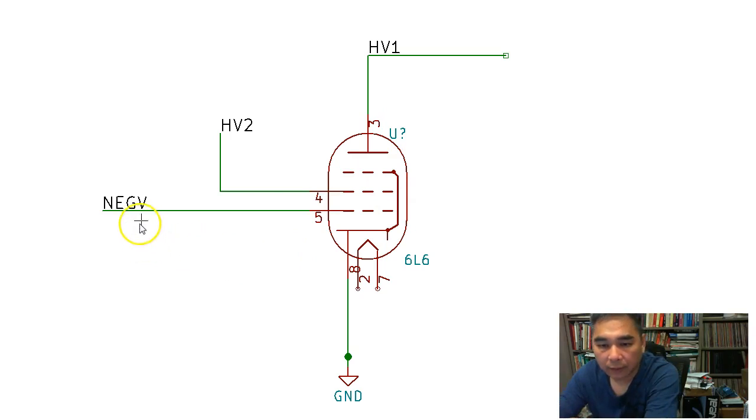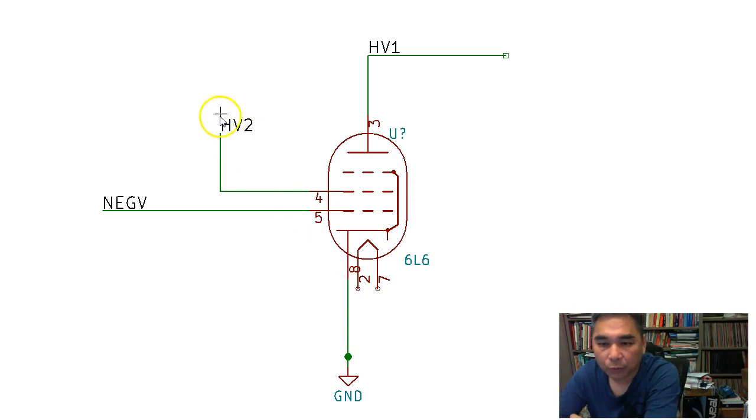Okay, so we can test this device as a triode, by setting HV2 following HV1. So basically HV1 and HV2 are connected to the same voltage. Or we can test this device as a pentode.